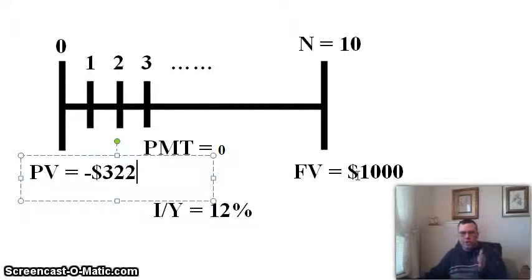But as you go further out and make it longer and longer, you're going to pay less and less so that you get some increase in the value of the bond. And if you go 10 years out at 12% return, you're actually going to pay only $322 to get a $1,000 return. So this is really just a basic time value money solving for a present value problem of $1,000 future value. We've just applied it to a bond problem is all.